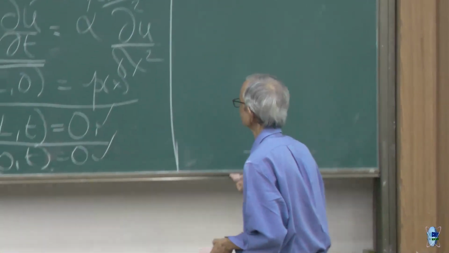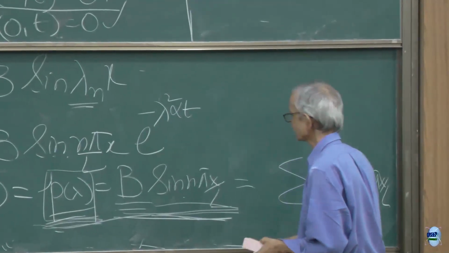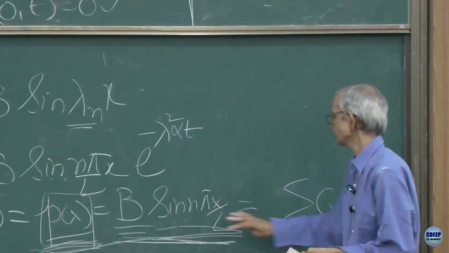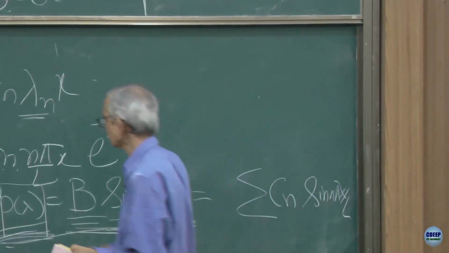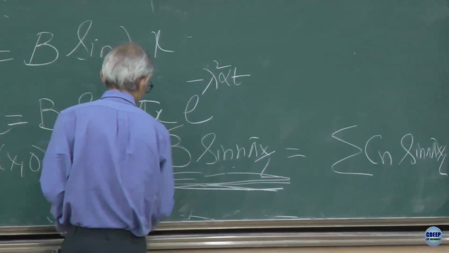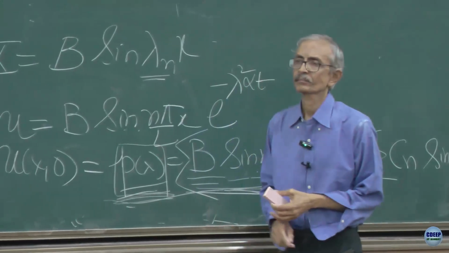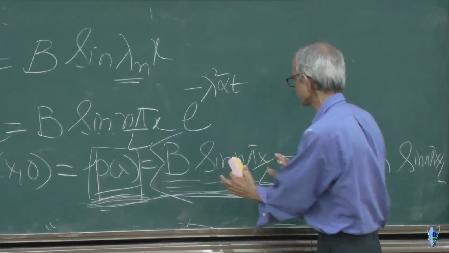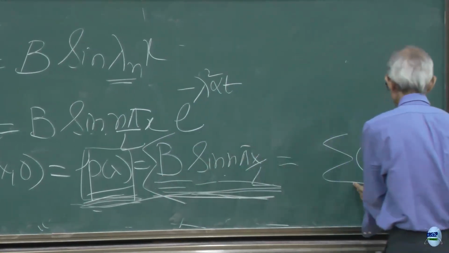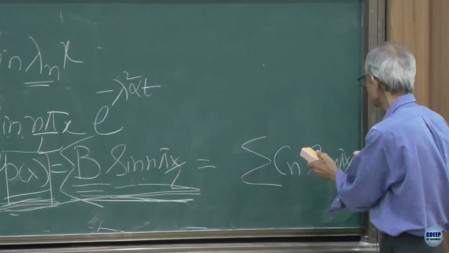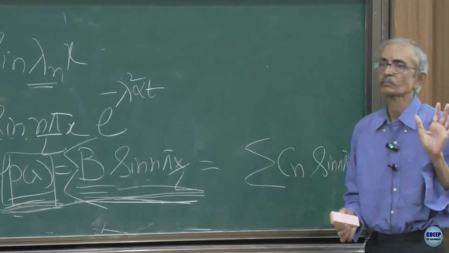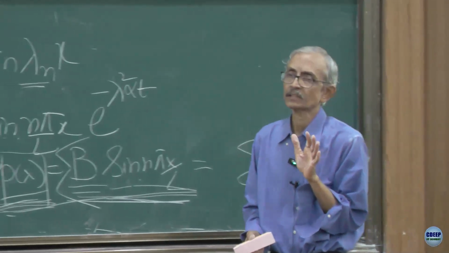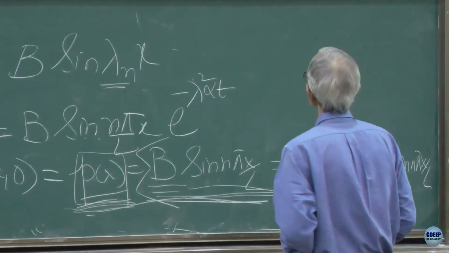So first thing is that I have got this guy here. On the right hand side, I've got a summation sign. So somehow brute force, I want to make that a summation. Okay. So if this guy is a summation, this guy is a summation, then I will just pick out each n and say that I'm going to be able to get what my coefficients are. Okay, that's a possibility.